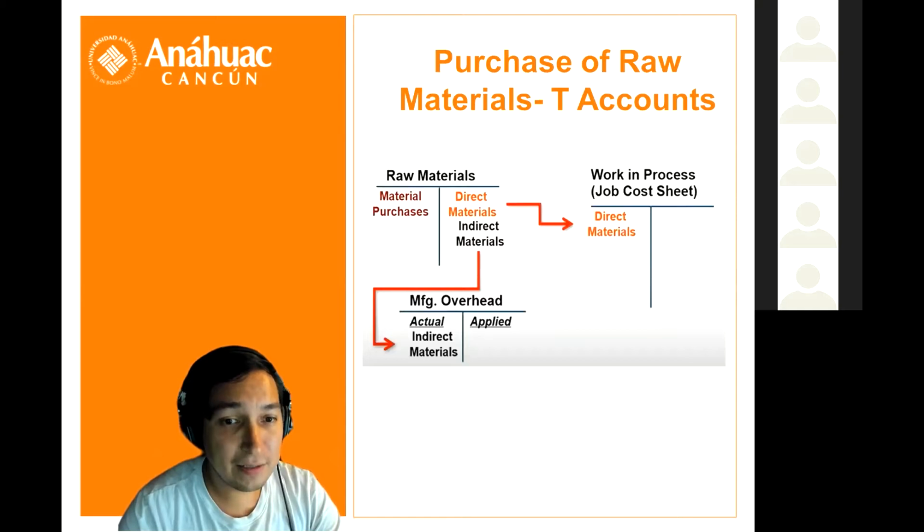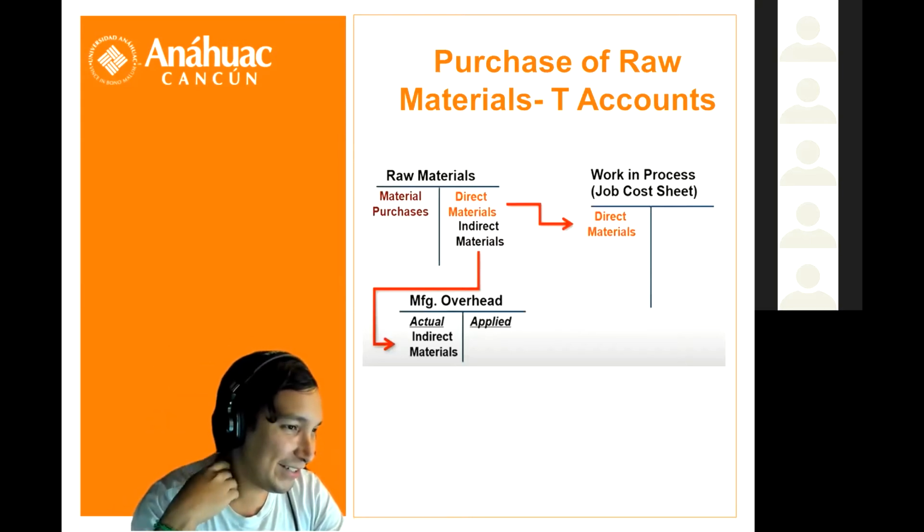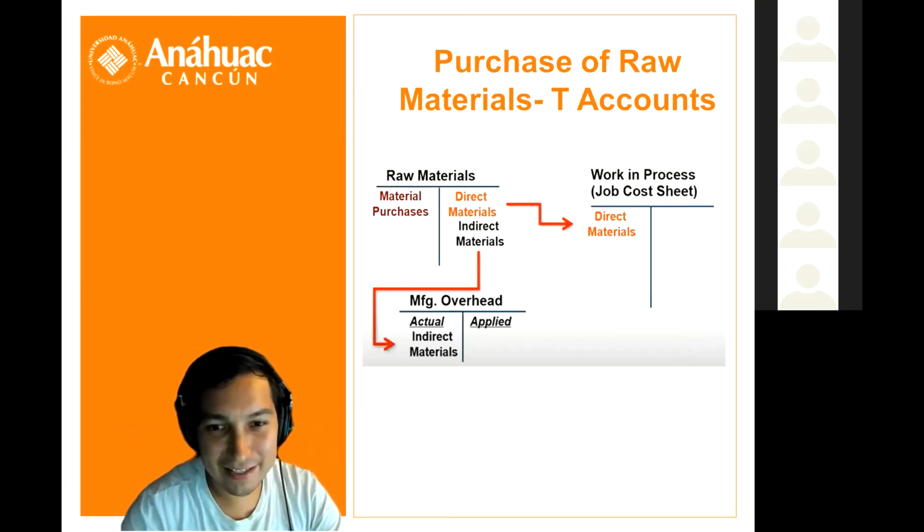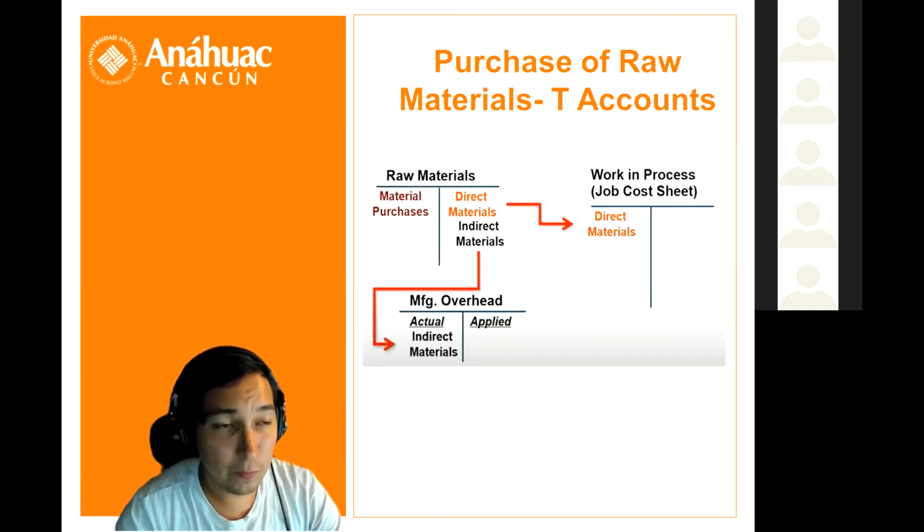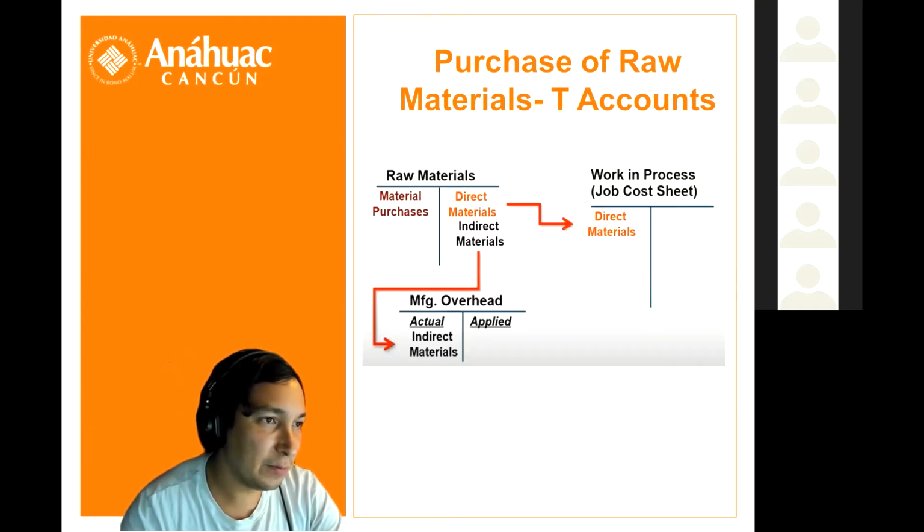So the first step is to purchase the raw materials, right? In our raw materials T account, or journal entry, it's the same. The first step is to purchase the material, right? We have the debit.